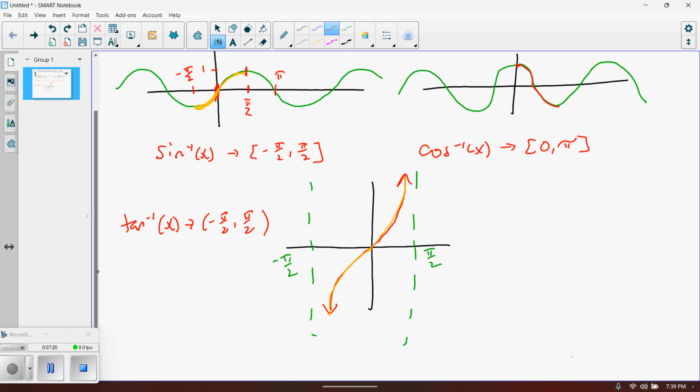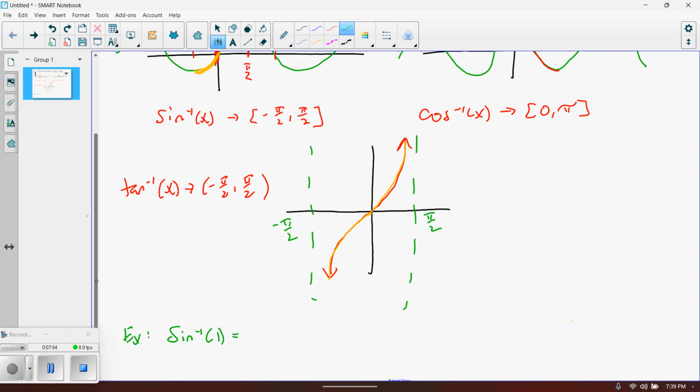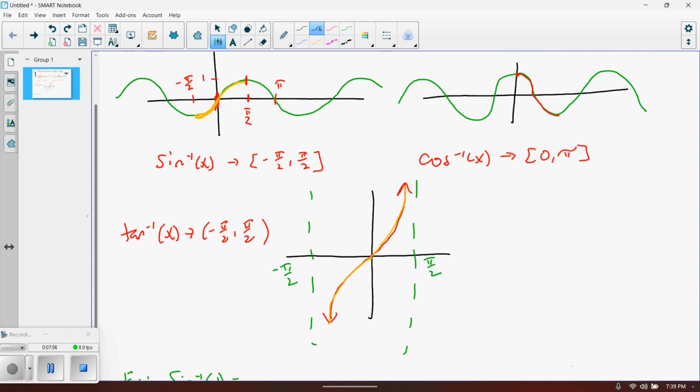So for example, let's find the inverse sine of 1. Well, what that question is really asking is saying if I took the sine of an angle, whatever the angle is, it should produce the value 1. So this is where you really do have to be good and know your values of your trig functions. Well, that's going to happen right here at pi halves.